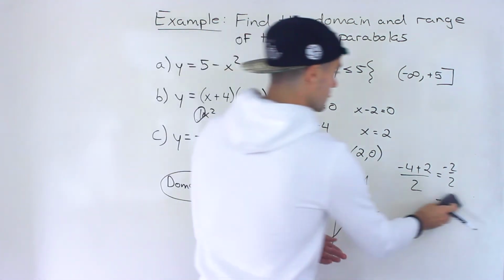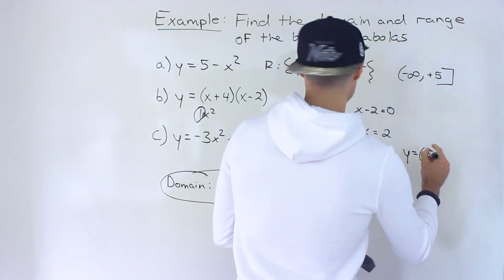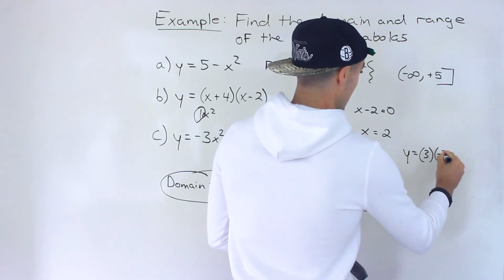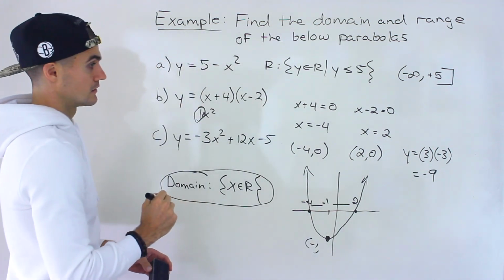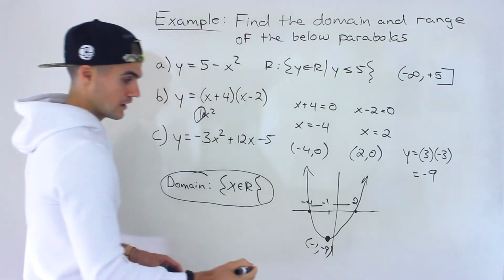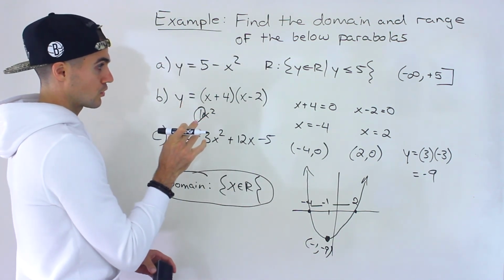When we do that, we end up with -1 plus 4 would give us 3, and then -1 minus 2 would give us -3. And so we would end up with -9, like that. So (-1, -9) is the coordinate of the vertex for this particular parabola.